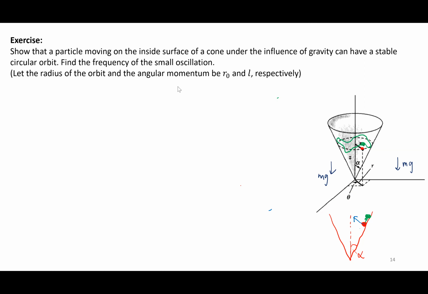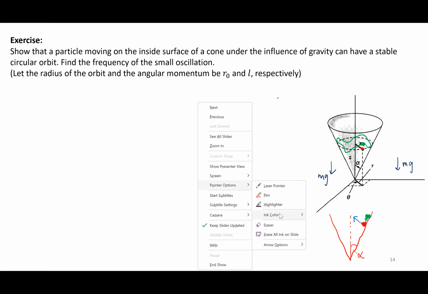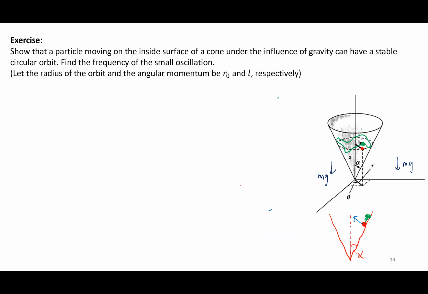So now, if we go ahead and use our usual strategy, what would that be, right? The usual strategy is that we are going to consider the so-called effective potential. That is, if we are able to write the total energy of the system in this form, then we can just take the effective potential, do the derivative, and then we are done.